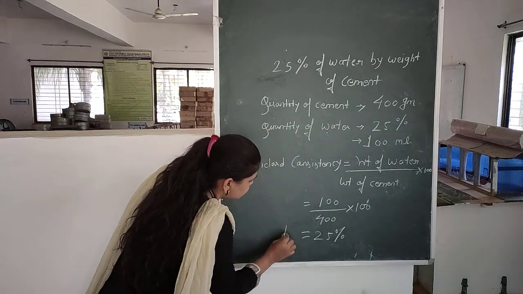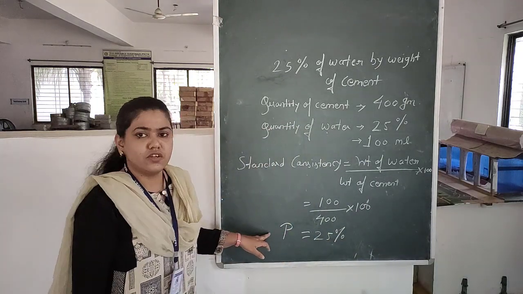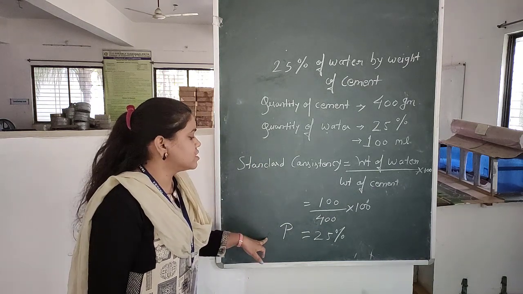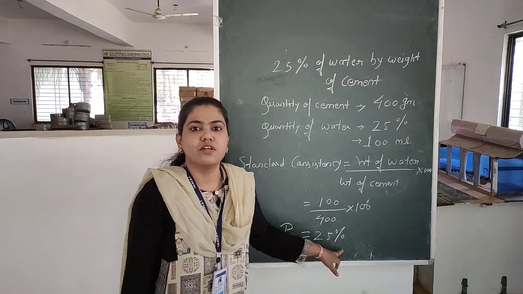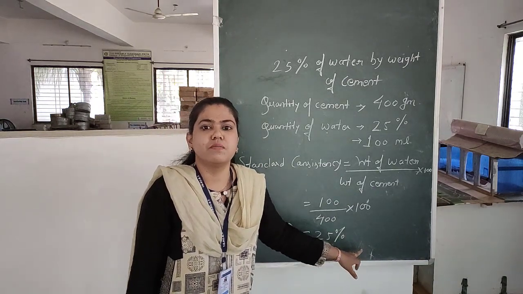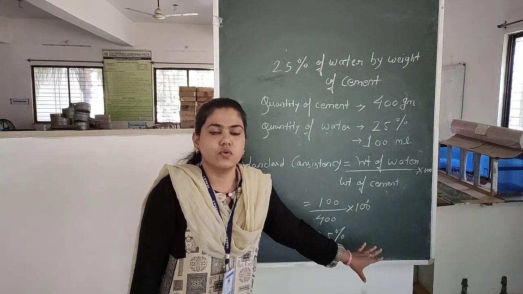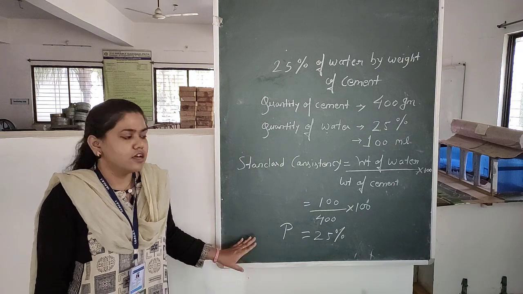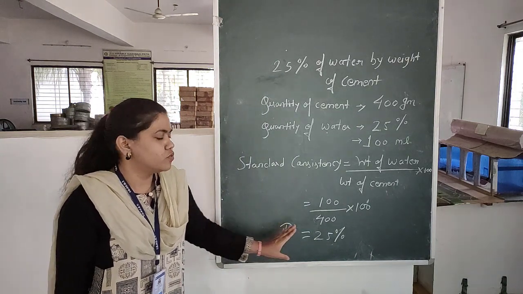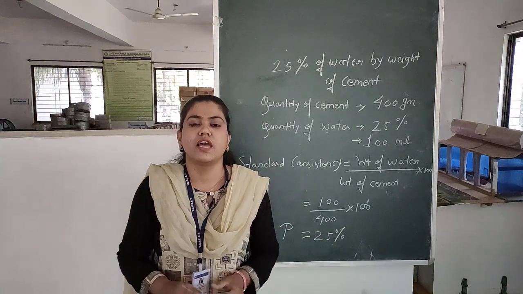The standard consistency is denoted by P, and here 25% of water is required to achieve the penetration value between 5 to 7 mm. So we conclude that in today's practical, the standard consistency is 25%. Thank you so much.